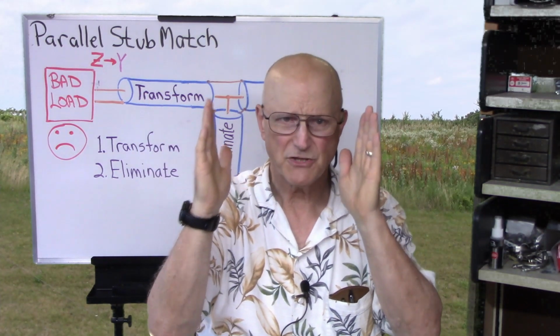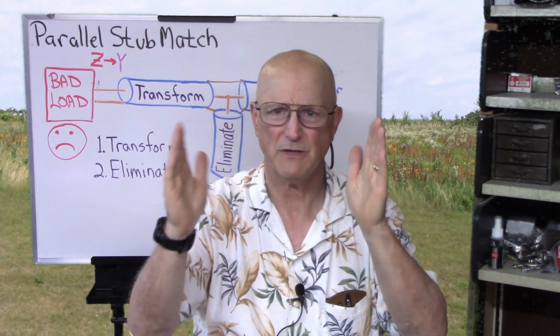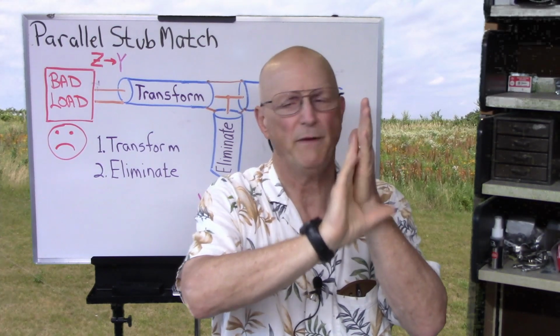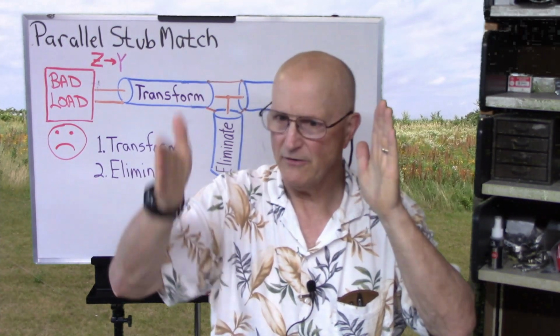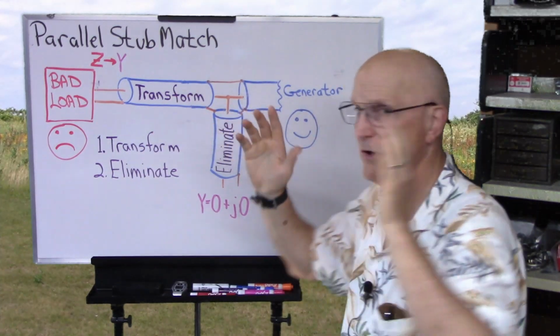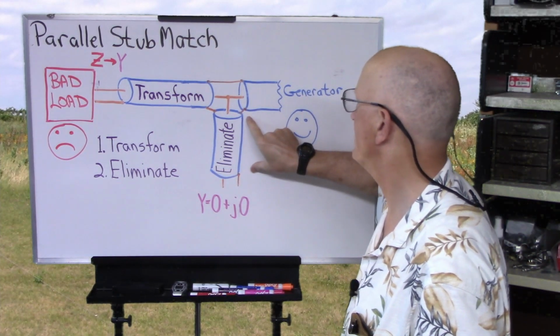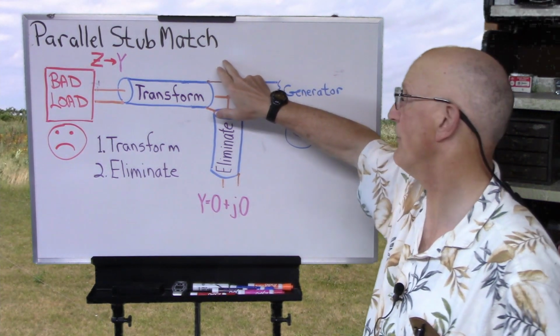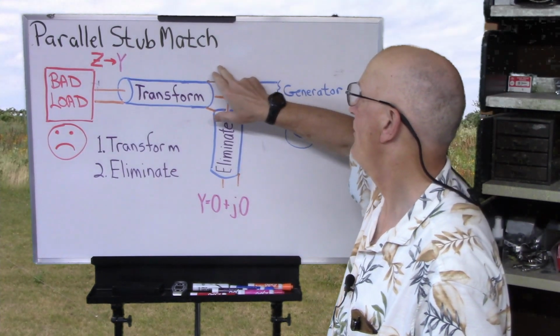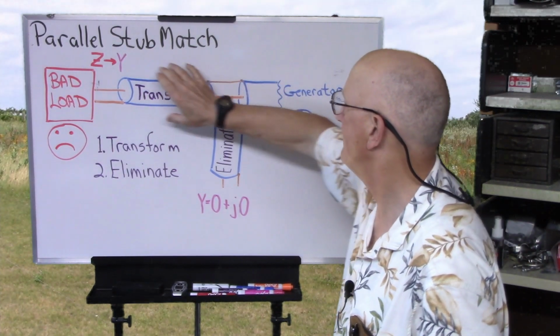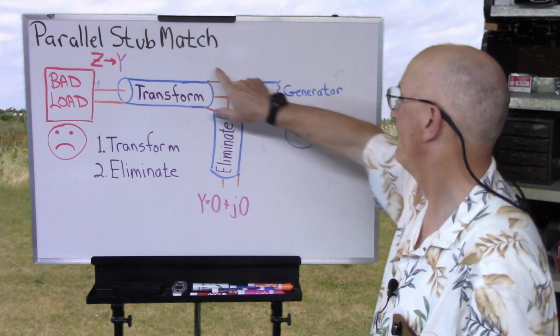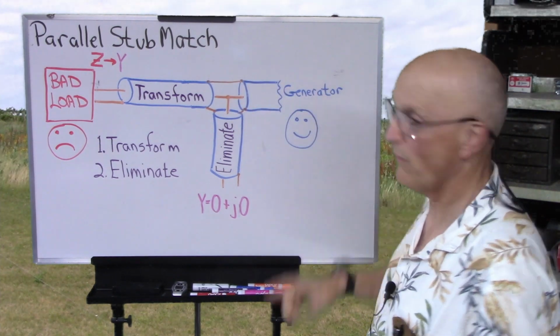So if we could pick just the right amount of transmission line between that open end and the other end that's connected up here, we could get just the right amount of a reactive component to oppose this reactive component and eliminate the reactive component of this admittance, and then get what we want over here.